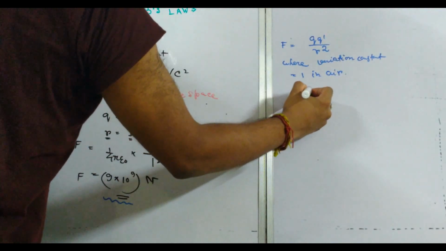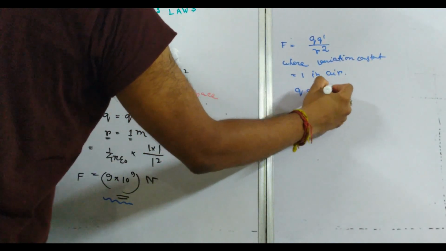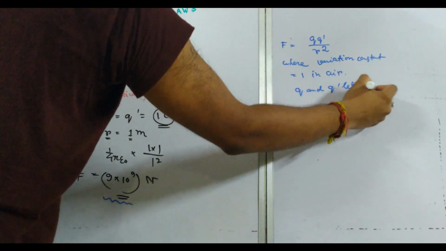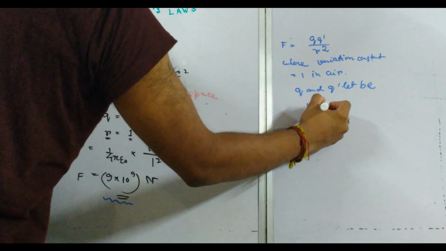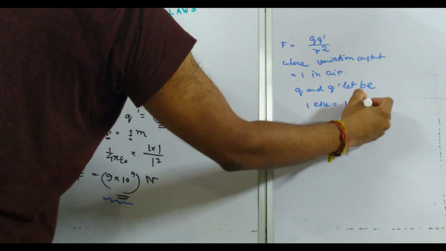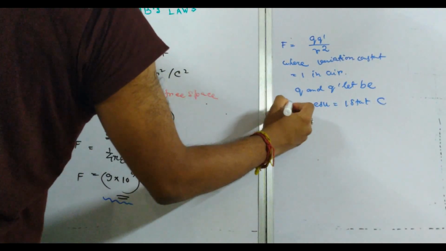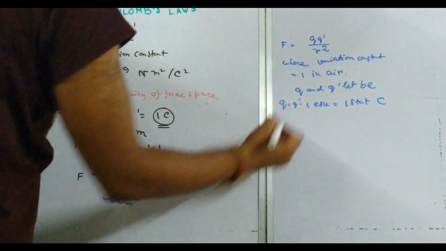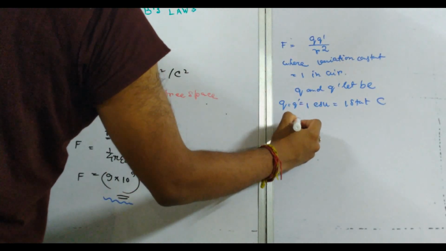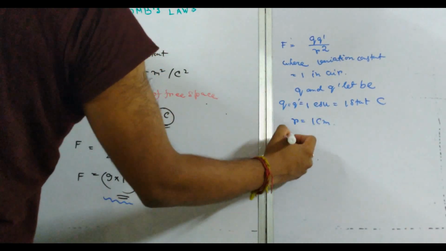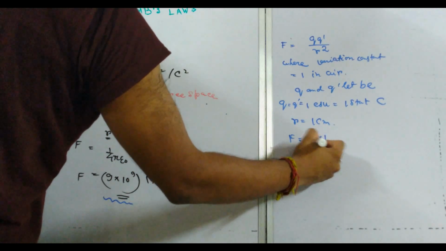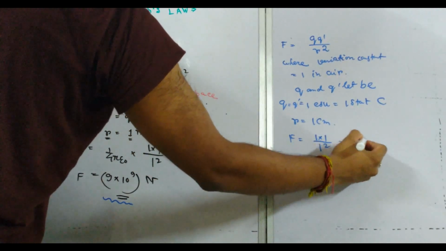So now let Q and Q dash be 1 ESU or 1 stat coulomb. That is, Q equal to Q dash equal to 1 stat coulomb, and R equal to 1 centimeter. Then the force will be 1 into 1 by 1 square, that is 1 dyne.